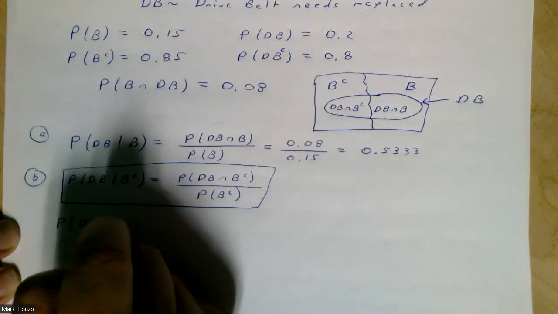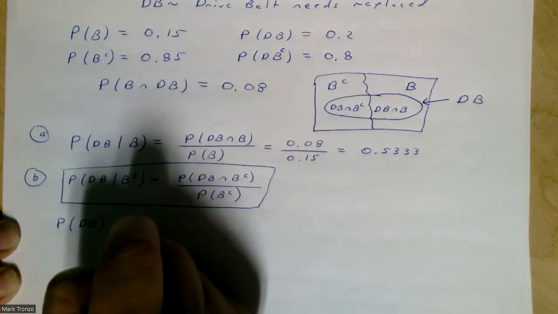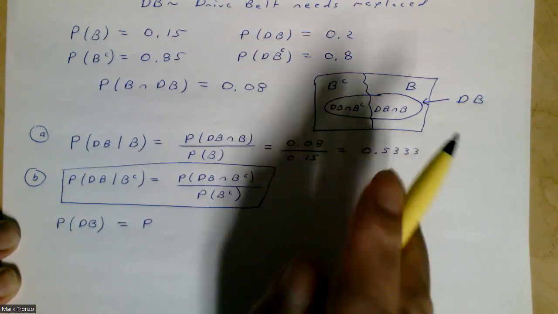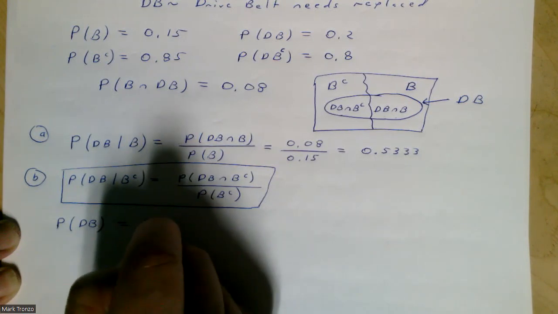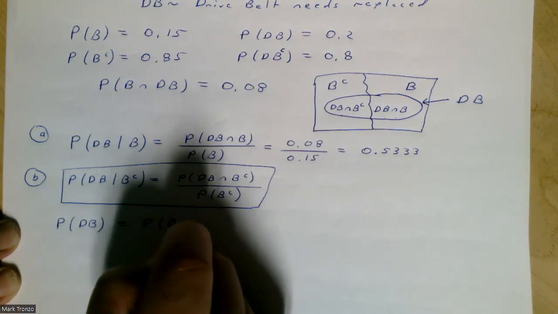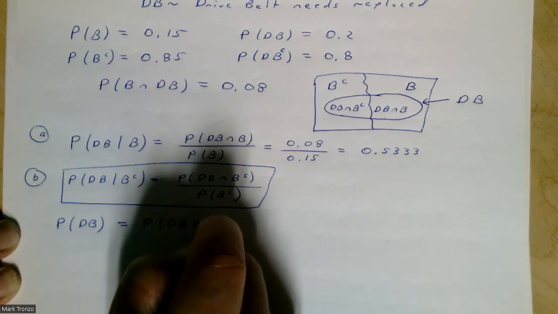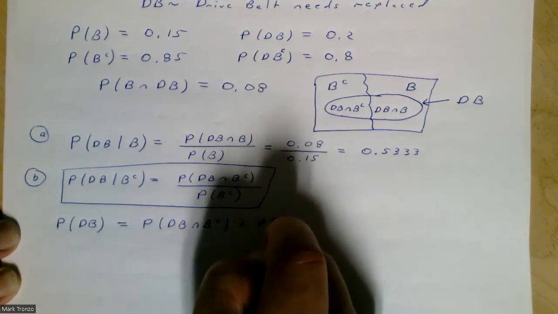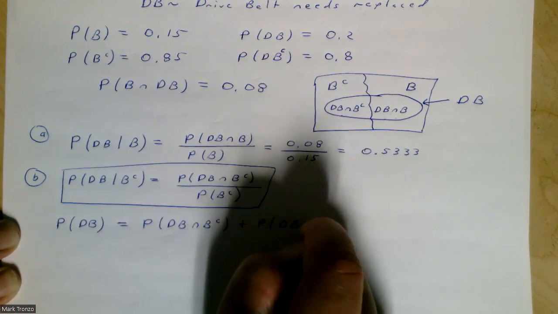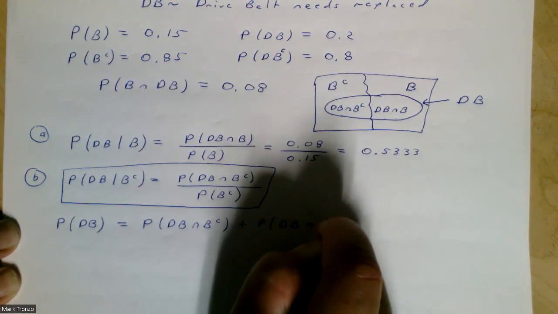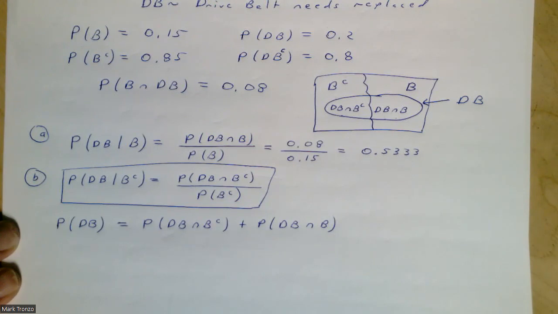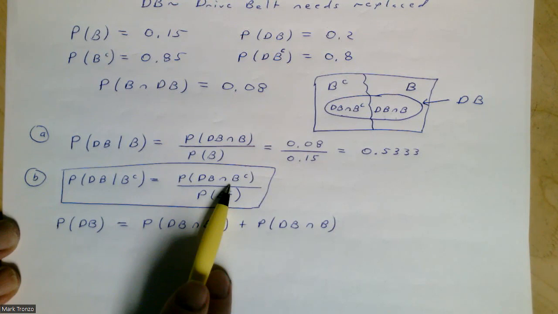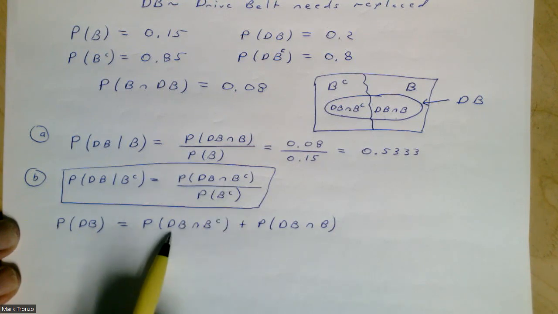That's the probability of this plus the probability of this, so we can just add those two together: drive belt intersection BC plus drive belt intersection B. And this is what we need right here because we want to plug it in here.